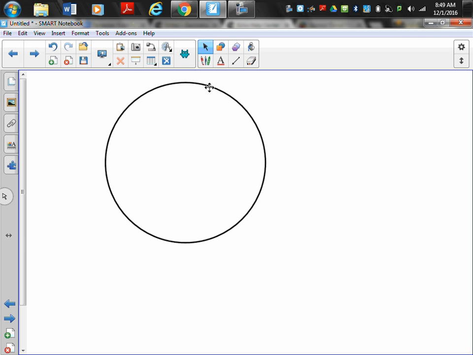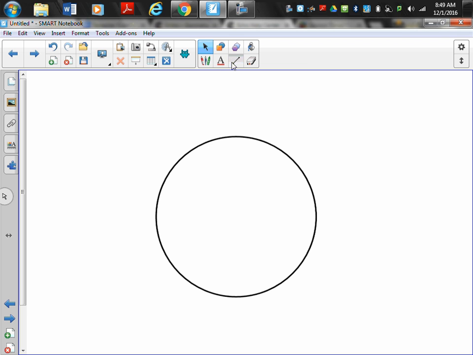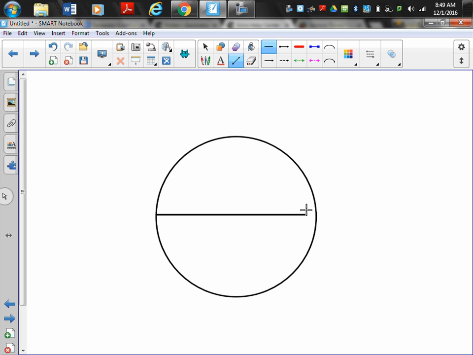Let's start with some vocabulary. When the line goes all the way across, what is it called? From one side of a circle all the way to the other. Does anybody remember? Raise your hands, don't yell out.